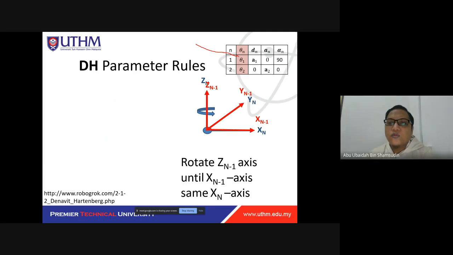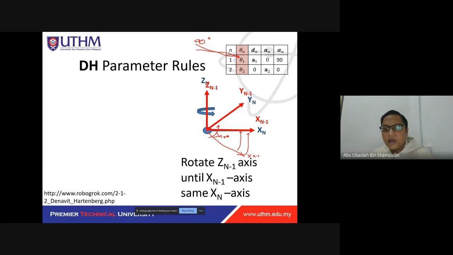Therefore, your theta will become 90 degrees. Because we rotate it like that, this is coming out from the screen, so this is about 90 degrees. So you rotate this one to overlap Xn. This is Xn minus 1 before. We move it to overlap Xn, and the rotation is 90 degrees. So you should put your theta here as 90 degrees.